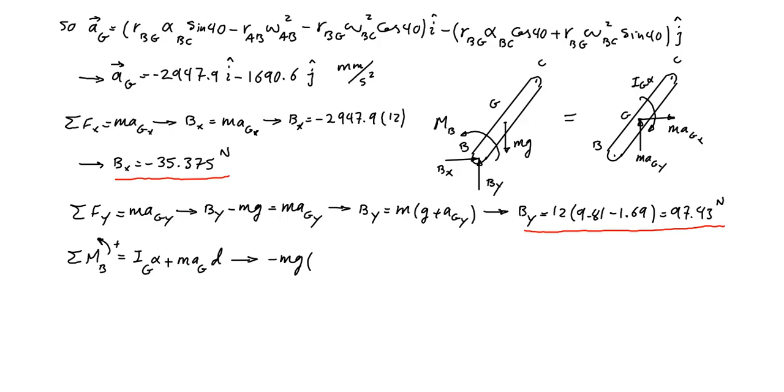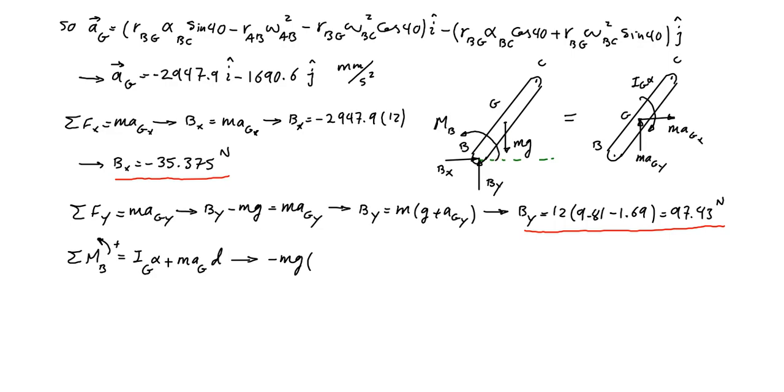So that becomes, well, I know this distance is 300 millimeters, which means this becomes 300 cosine 40 degrees, and this angle is 40. So this is 40 degrees and this is 300.